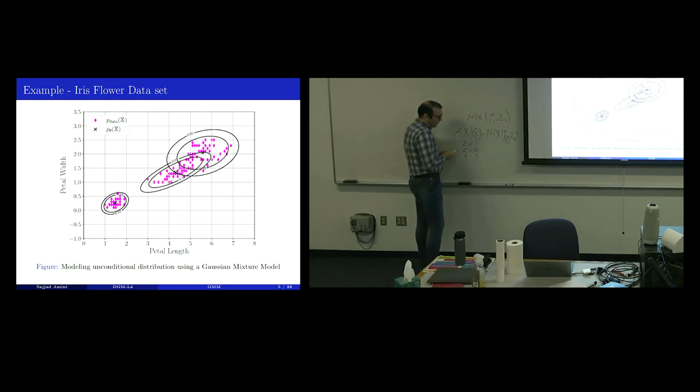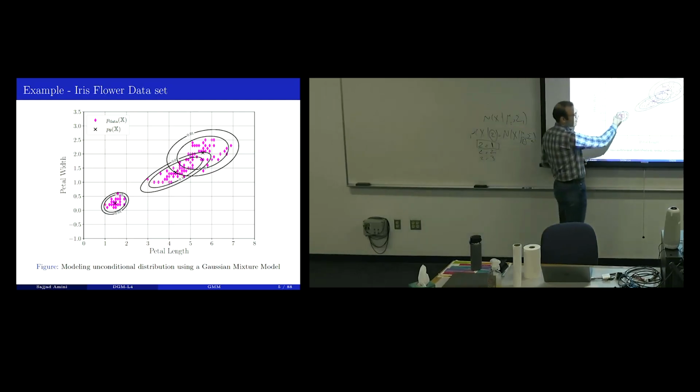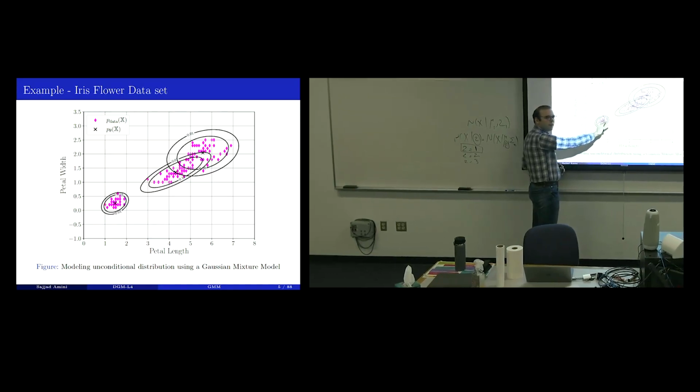It is very abstract information because I know that the samples coming from this component are samples of, for example, I don't know which of them, for example, Setosa.